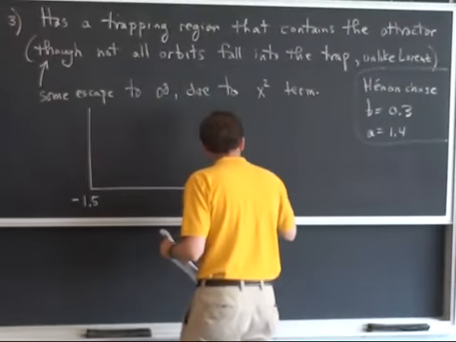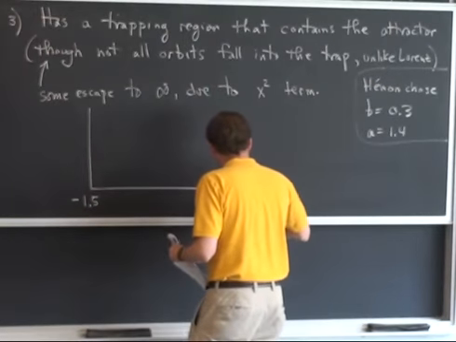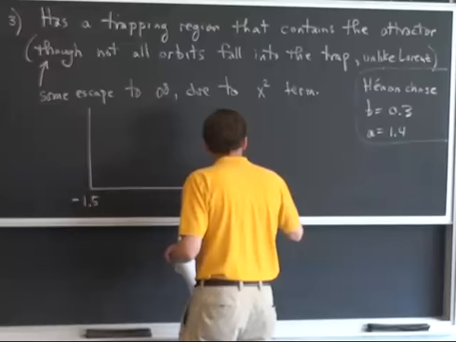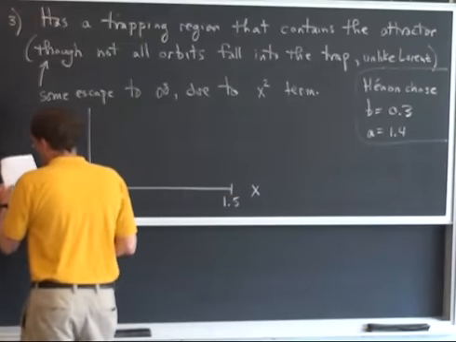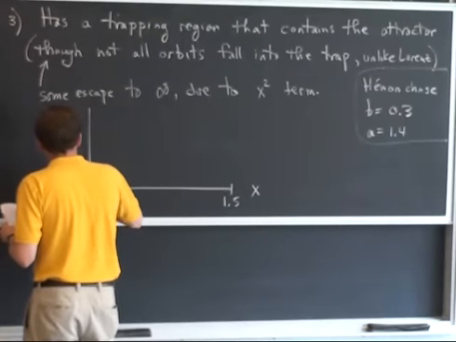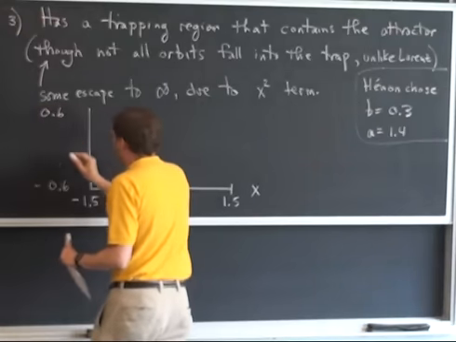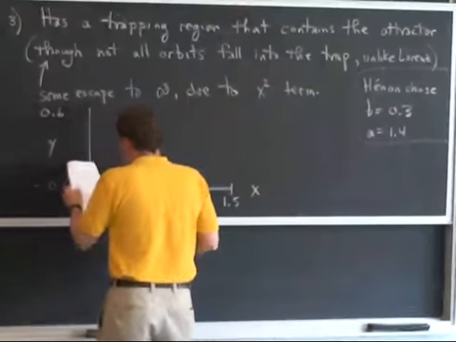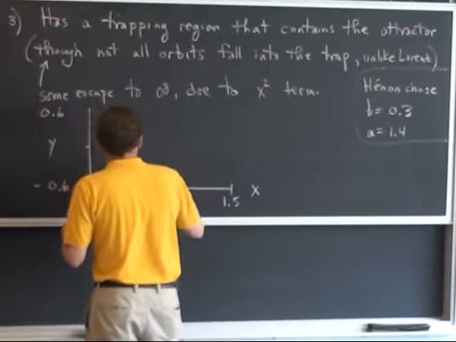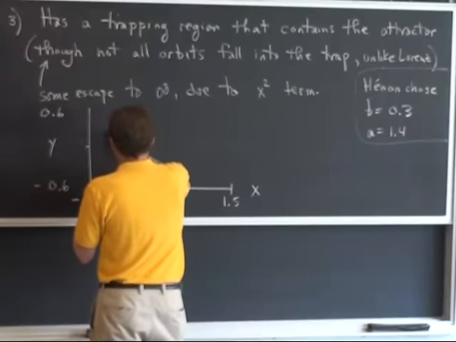We said we're going from 1.5 to negative 1.5 on the x-axis, and say about 0.6 to negative 0.6 on y. And there's something that looks about like this.